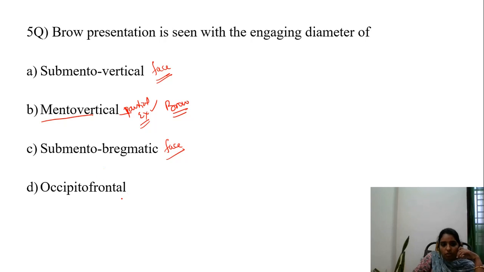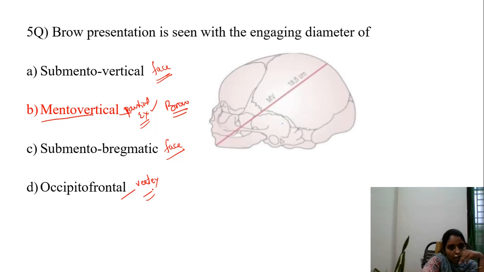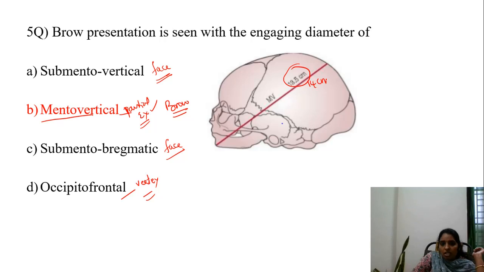And last, occipitofrontal is with vertex presentation. See the diagram I have shown here: the mentovertical is about 13.5 to 14 centimeters, for brow presentation, that is partial extension.